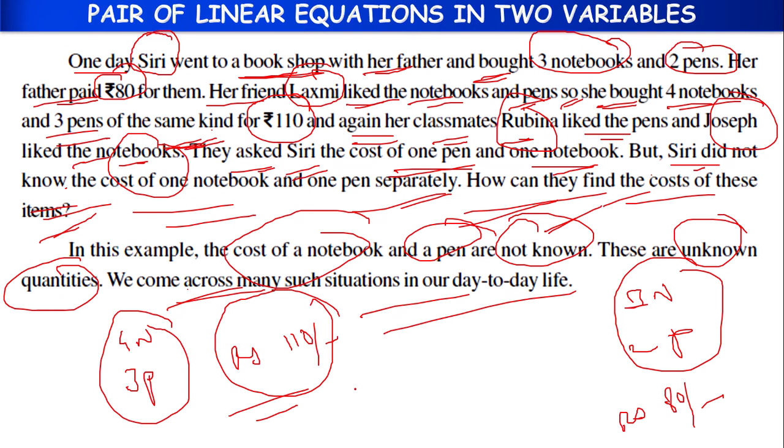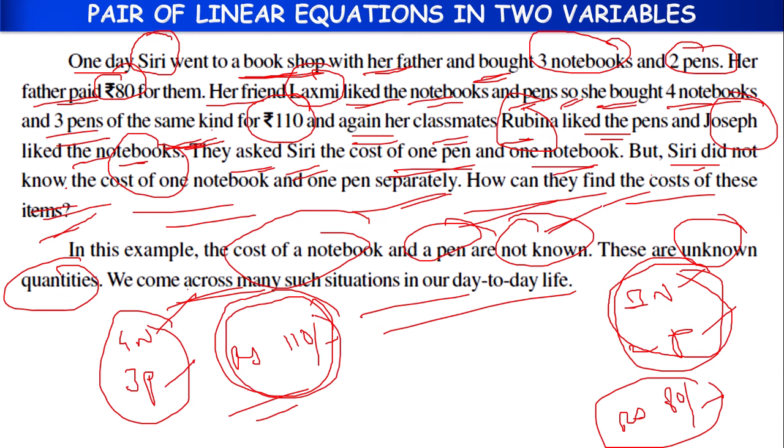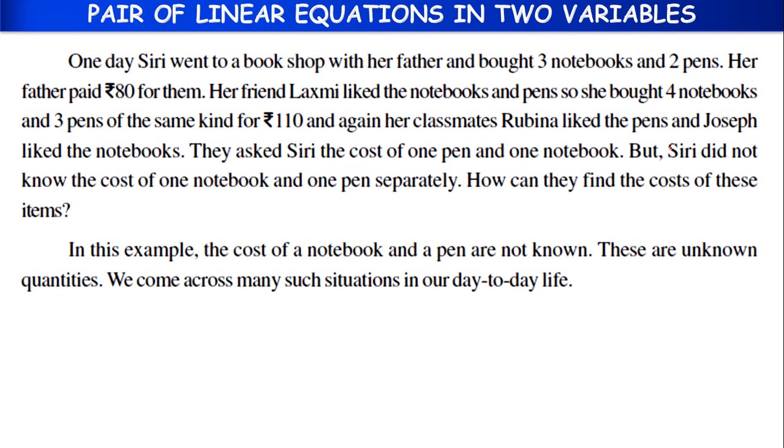In our real life, we will come across situations like these in our daily life. Now our main task is, if Siri has brought 3 notebooks and 2 pens for rupees 80, and Lakshmi has brought 4 notebooks and 3 pens for rupees 110, what will be the cost of 1 notebook and the cost of 1 pen, so that they can guide Rubina and Joseph.